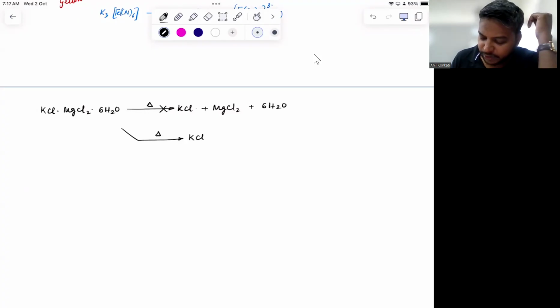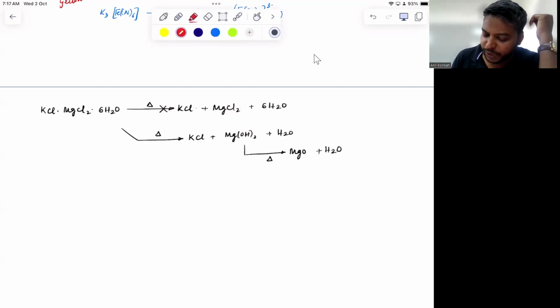Rather, it will convert into KCl plus Mg(OH)2 plus H2O. This on further heating will convert into MgO plus H2O. So basically, you would be reporting KCl, MgO, and H2O, and not MgCl2. MgCl2 cannot be separated out.